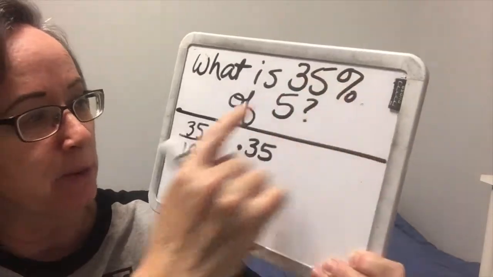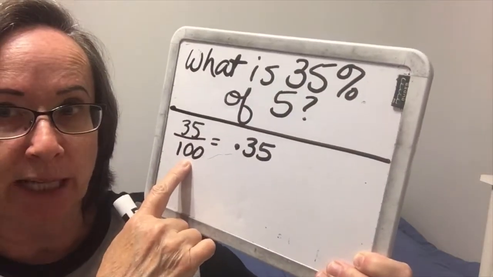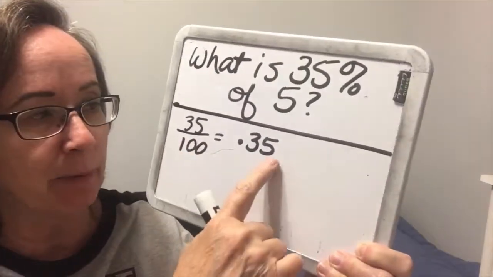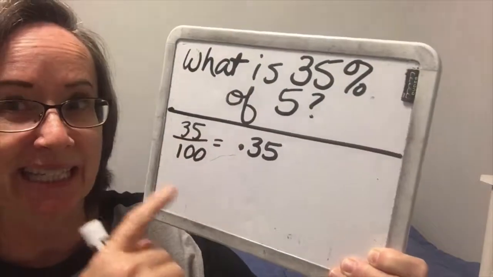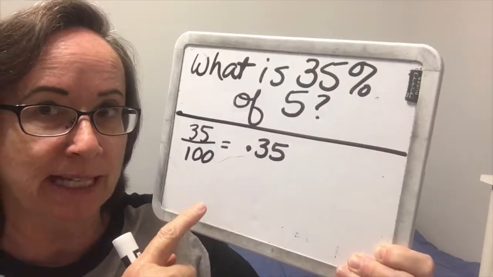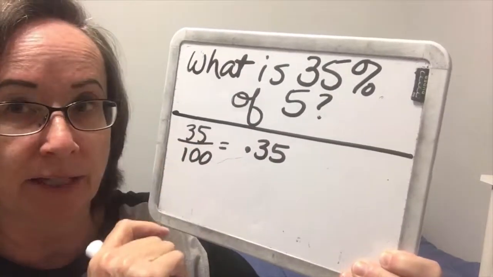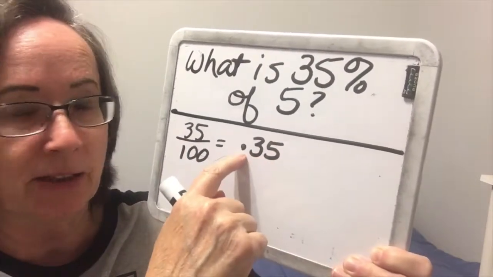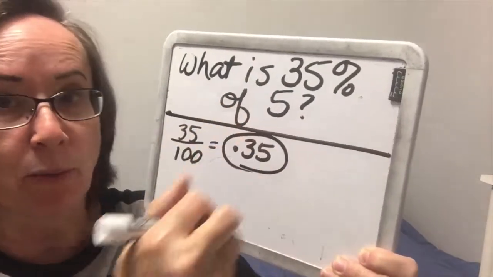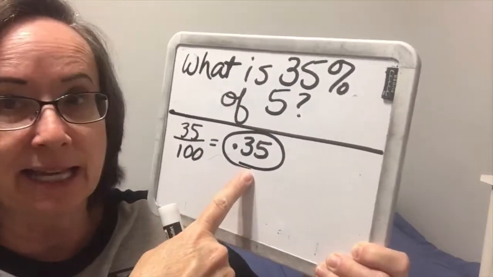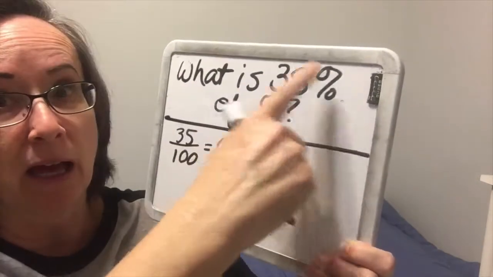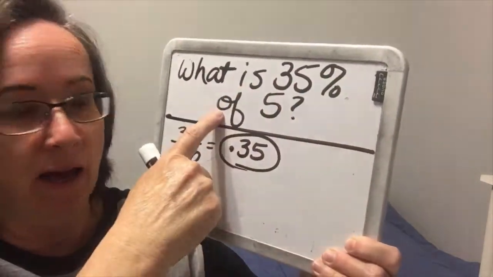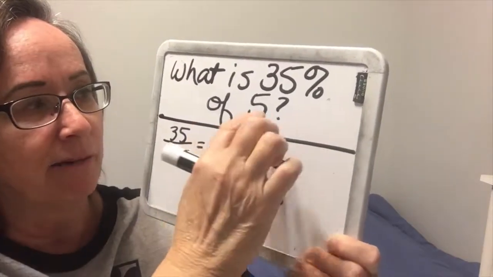So 35% is 35 over 100, and when we divide by 100, we move the decimal place 2 places to the left. So even though you don't see a decimal place in 35, the decimal place is at the end of the number, and we move it 2 places to the left. So now it is 0.35. So this is 35%, excuse me. And then 35% of means times 5.